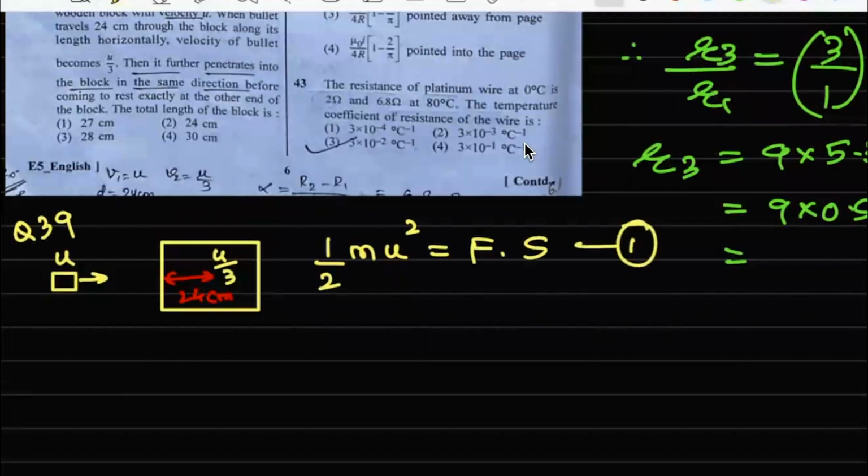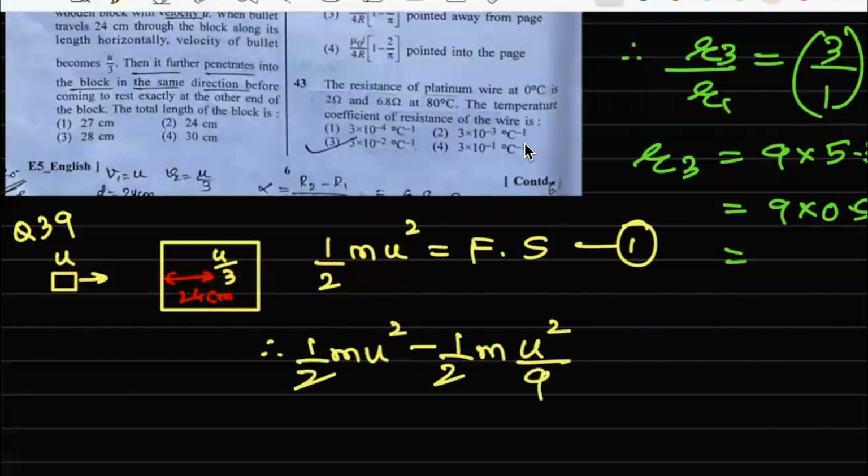But if, instead of going from u to 0, I go from u to u by 3, then what do we get? So we have half m u square minus half m (u by 3) square, which would be u square by 9. The resistive force offered is the same, and the displacement now is 24.